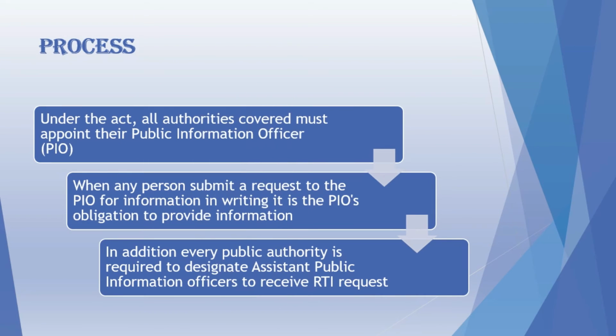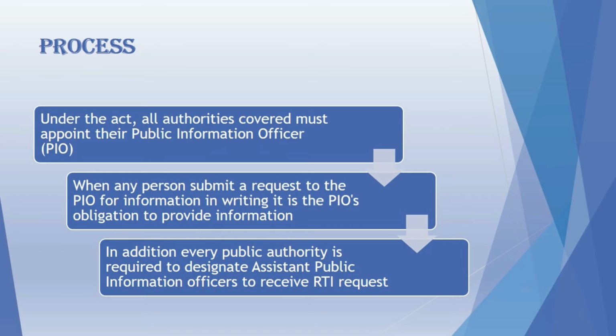Well, now we have understood the meaning, that means the introduction, the purpose, the provisions of the act, along with the history, specifications, and features. Now the process: how to seek information from the government officials. Under this act, the authorities covered must appoint Public Information Officers.